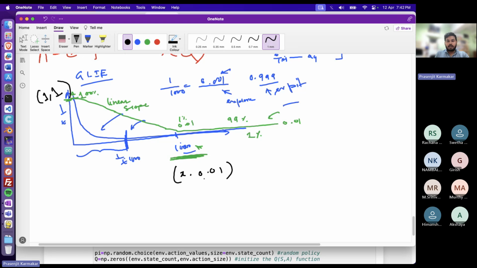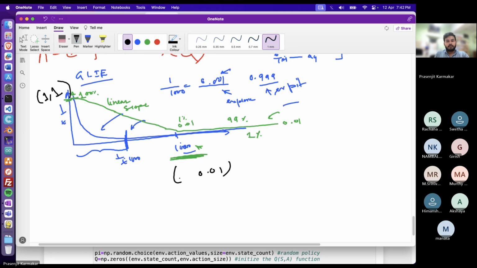Right? So keep it 10,000. 10,000 is 0.01. So this is my linear line. Beyond that, it is constant 0.01. Okay. So we are not basically continuing this line. We are making it constant here.